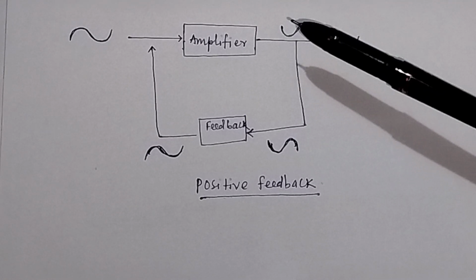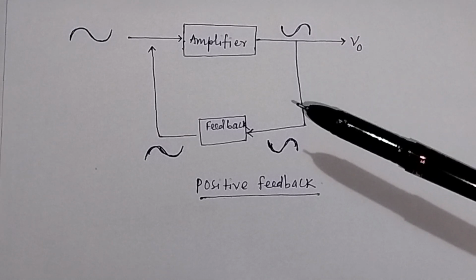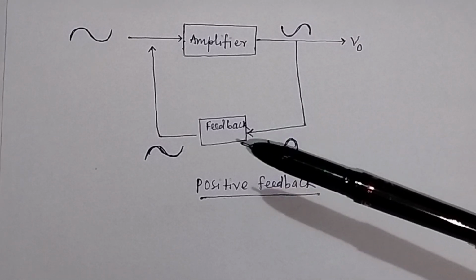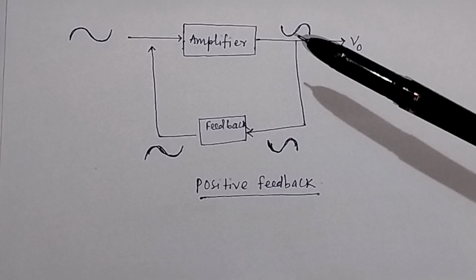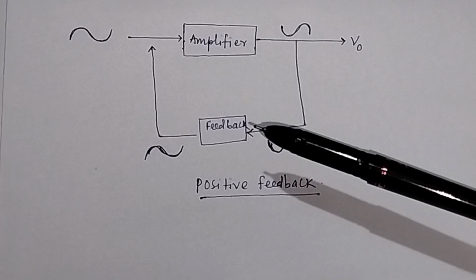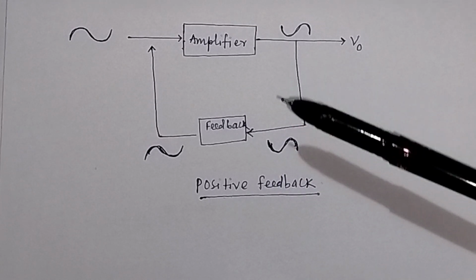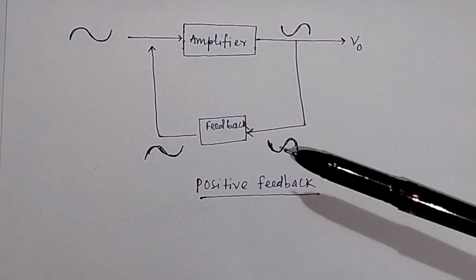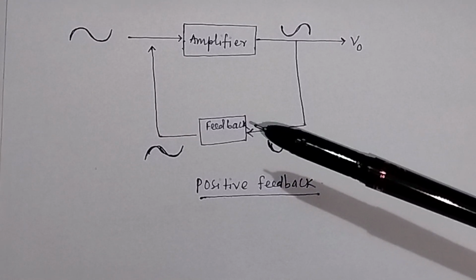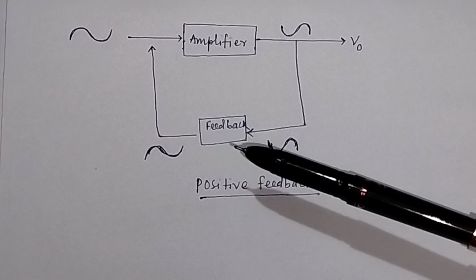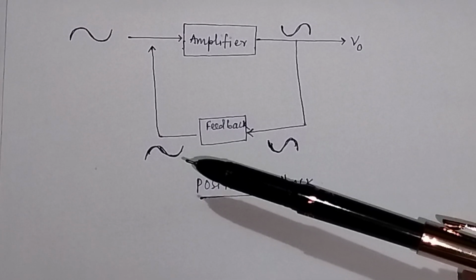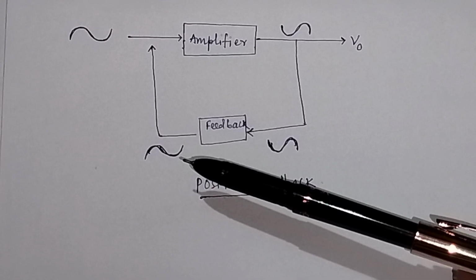So this wave, you can feed this wave again to the input. You see, this is a feedback circuit, and here in the input of the feedback, you have the signal in the same form. There is no phase shift. But after passing through this feedback circuit, here you see there is 180 degree phase shift.